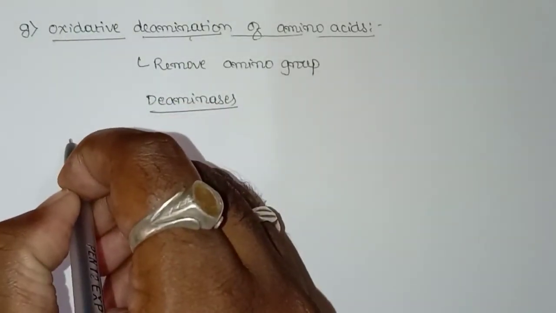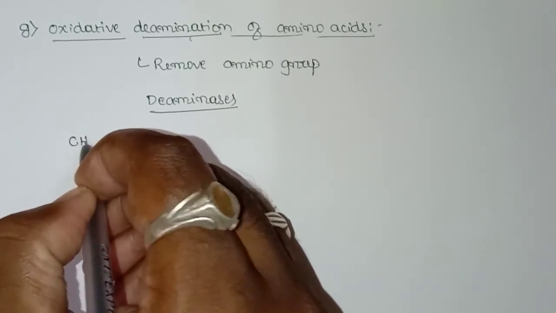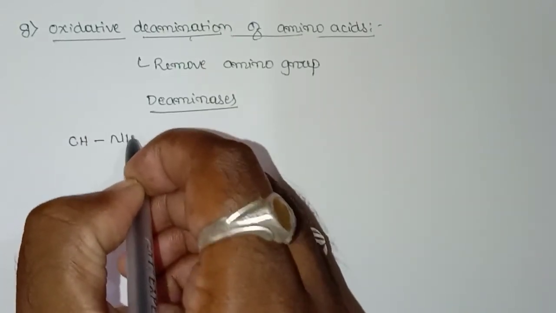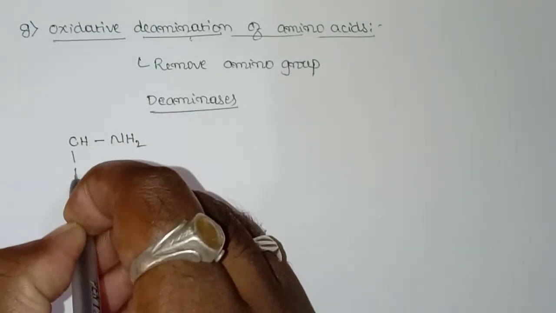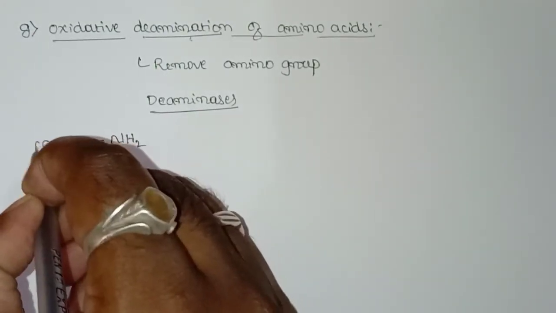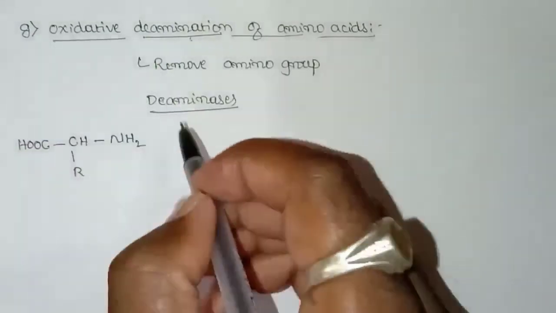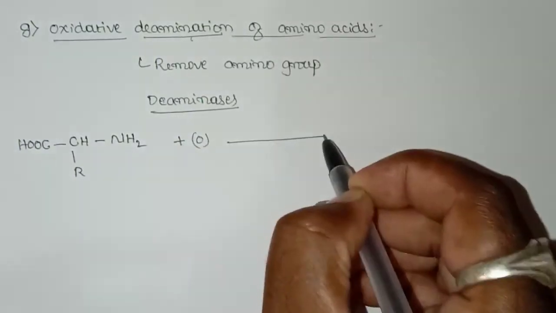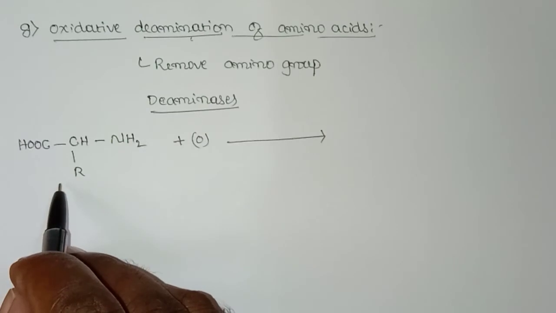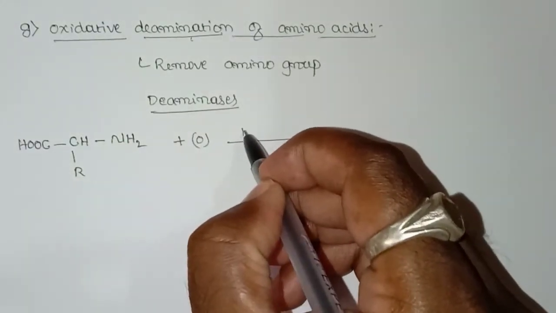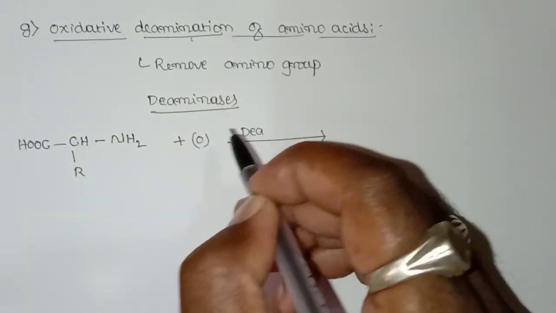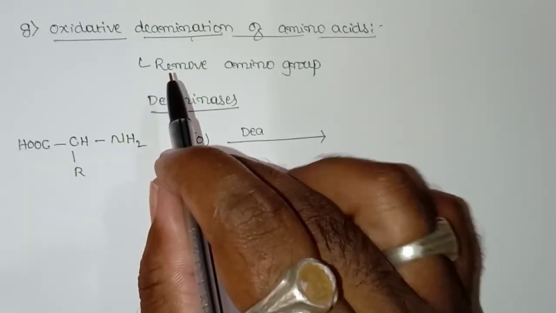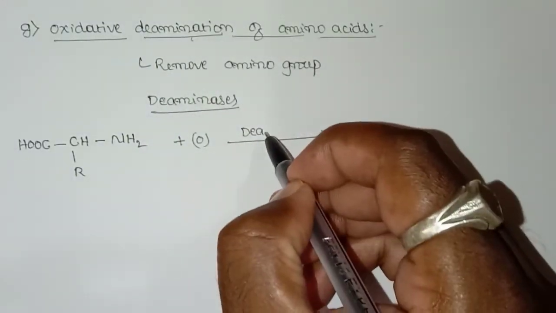So for instance, let us consider one amino acid in order to perform oxidative deamination. For oxidation, obviously nascent oxygen is required, and here the amino acid is taken in a general way. The deamination will be performed in the presence of the enzyme deaminase.